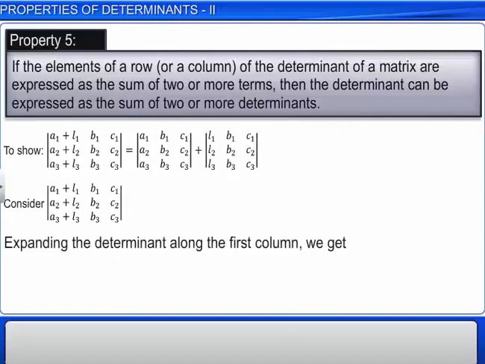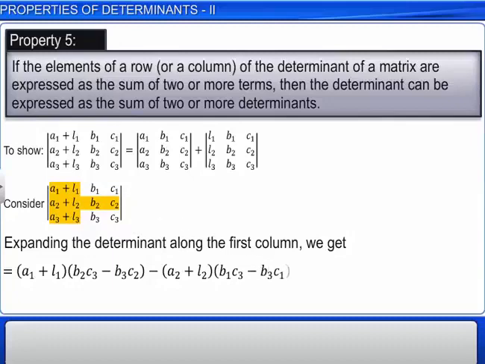Expanding the determinant along the first column, we get (A1 plus L1) times (B2 C3 minus B3 C2), minus (A2 plus L2) times (B1 C3 minus B3 C1), plus (A3 plus L3) times (B1 C2 minus B2 C1).